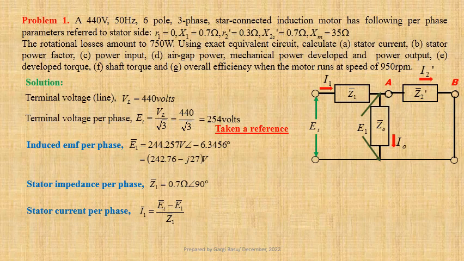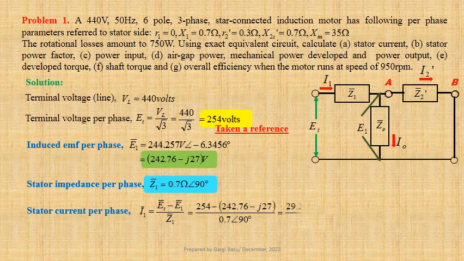Using values we get I1 equals 254 minus of 242.76 minus j times 27 divided by 0.7 at an angle 90 degree, that is equal to 29.246 at an angle 67.4 degree divided by 0.7 at an angle 90 degree.